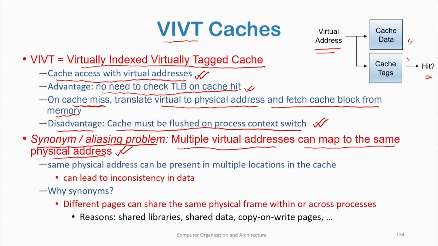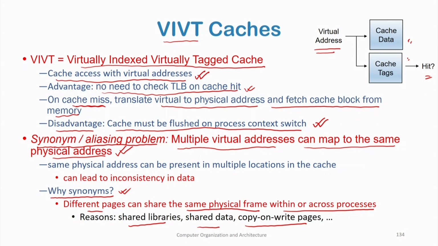Suppose there are two virtual addresses of the same process which point to the same physical memory location. How can that happen? Two virtual addresses can point to the same physical memory location because processes can share the same physical page frame, within or across processes. Reasons: we have shared libraries, shared data, copy on write pages.